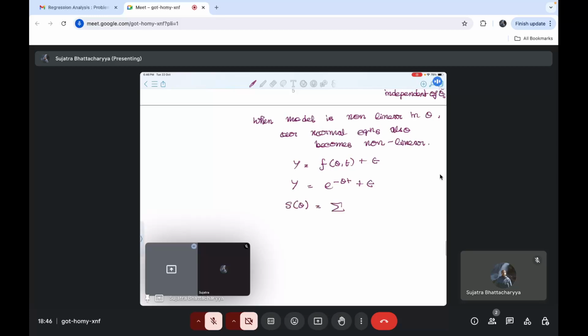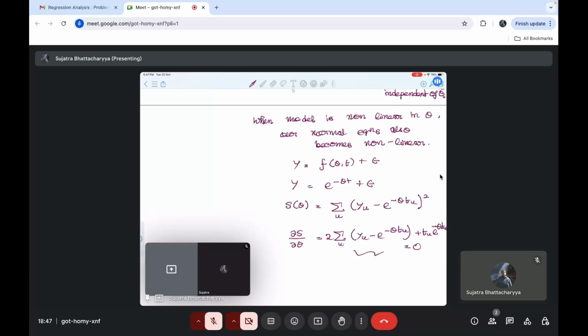You get the summation over u, where u is the number of observations, of (y_u minus e to the power minus θ t_u) whole squared. So this is S of θ. Now, if you do ∂S/∂θ, you get the summation of 2 times (y_u minus e to the power minus θ t_u), plus t_u e to the power minus θ t_u, and it should be equal to 0.